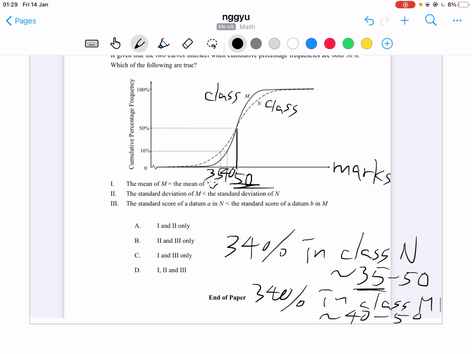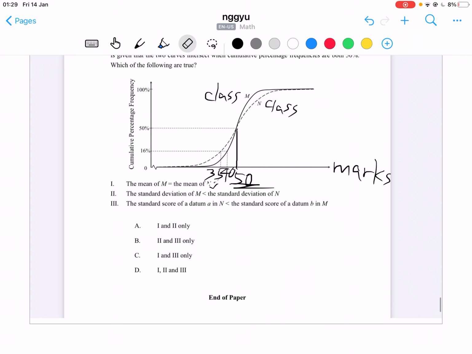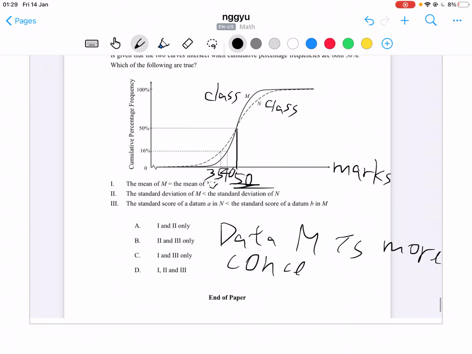So we can conclude that the set of data M is more concentrated than N. So the standard deviation of M should be less than the standard deviation of N. So statement number 2 is also correct.